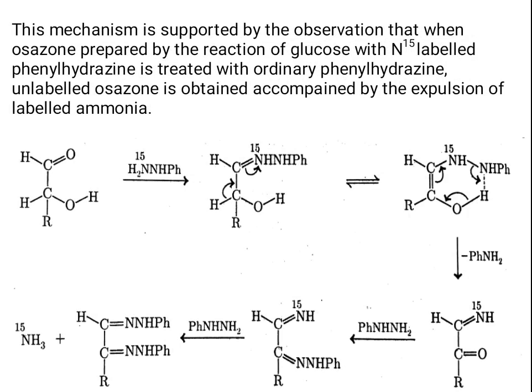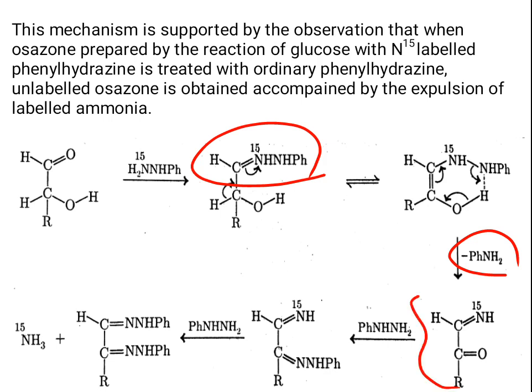Now this mechanism is supported by the observation that when osazone prepared by the reaction of glucose with N15 labeled phenyl hydrazine is treated with ordinary phenyl hydrazine, unlabeled osazone is obtained accompanied by the expulsion of labeled ammonia. So this one is your carbonyl compound and you are giving labeled phenyl hydrazine. At first this will form the phenyl hydrazone, and then after the rearrangement the PhNH2 group will leave and you will get this kind of imine structure.